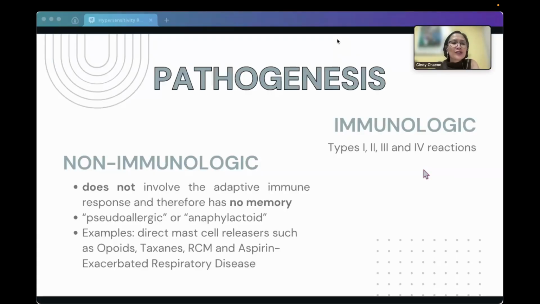These non-allergic reactions are associated with a variety of pharmacologic mechanisms, and in the past were termed either pseudo-allergic or anaphylactoid reactions. Examples of these are your direct mast cell releasers like your opioids, your taxanes, your radiocontrast media, and your aspirin-exacerbated respiratory disease.